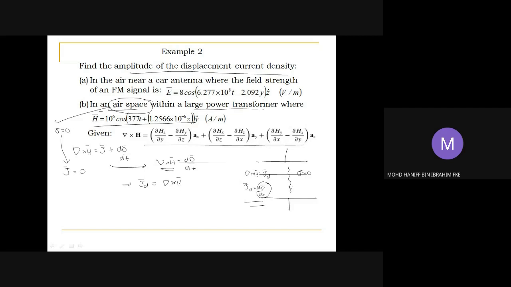But there is a method in which the current can still pass through the medium, and the current that passes through the medium is what we call a displacement current. And we're going to learn in the next chapter that this displacement current is known to be a wave, or electromagnetic wave.